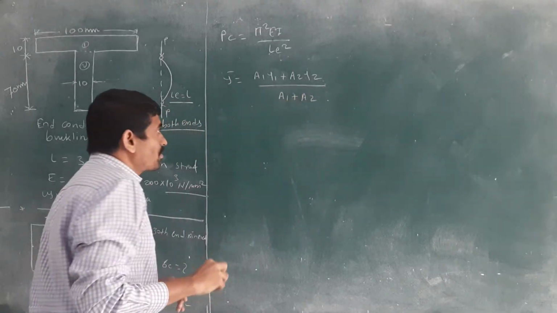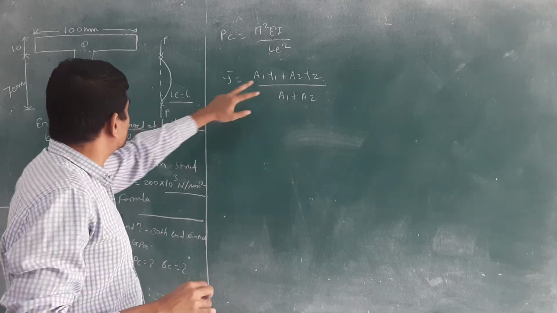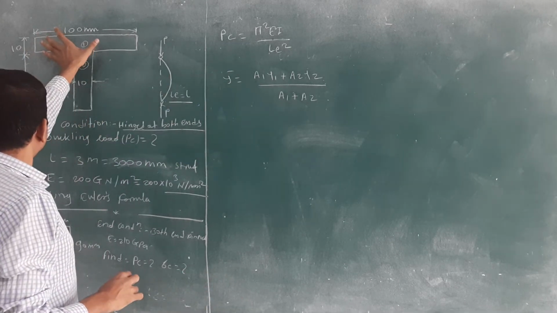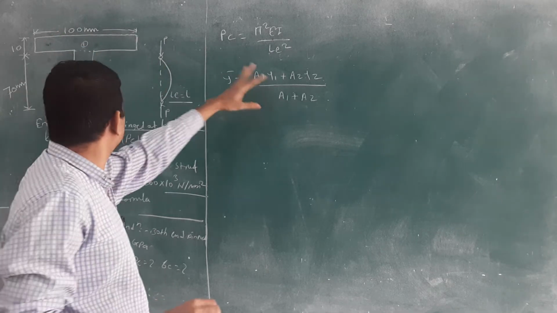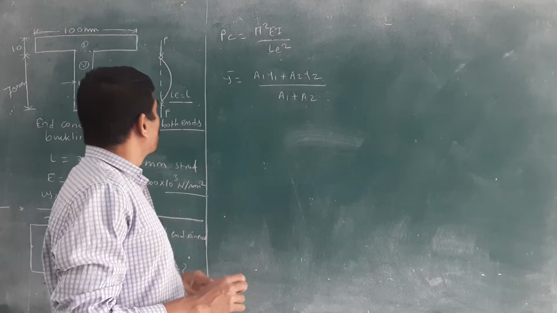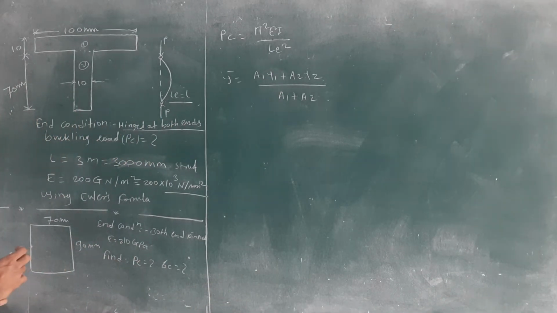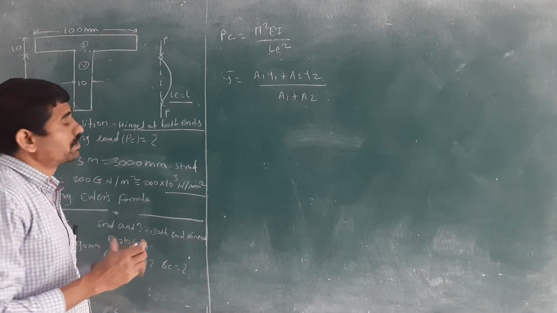We have seen this formula in unit number 3. A1 means the area of the first component, and A2 is the area of the second component. Okay, what is the Y1? Y1 is the distance from the neutral axis to the topmost component.